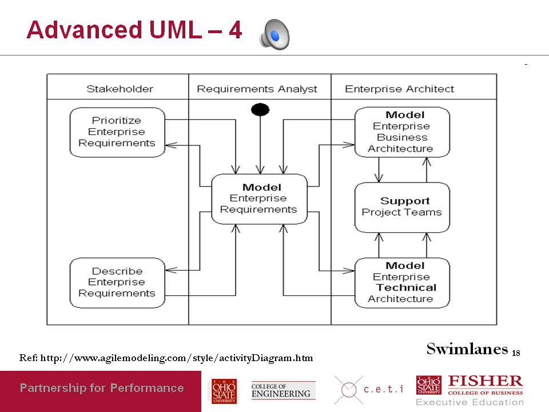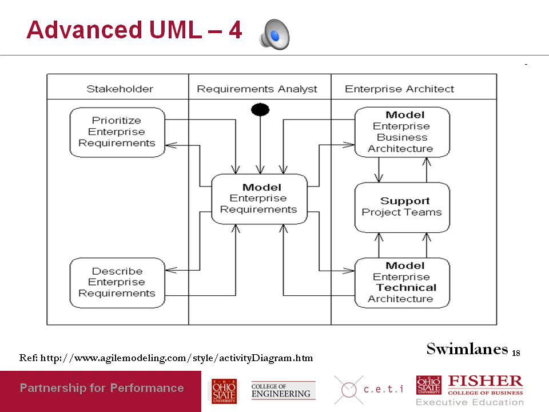This slide illustrates a UML notation known as swim lanes. So this is nothing more than a regular activity diagram, but the activity diagram has been partitioned into these parallel components known as swim lanes, where the activities that are performed by a particular actor all fall within one swim lane. So the stakeholder actor does the prioritize enterprise requirements and the describe enterprise requirements activities.